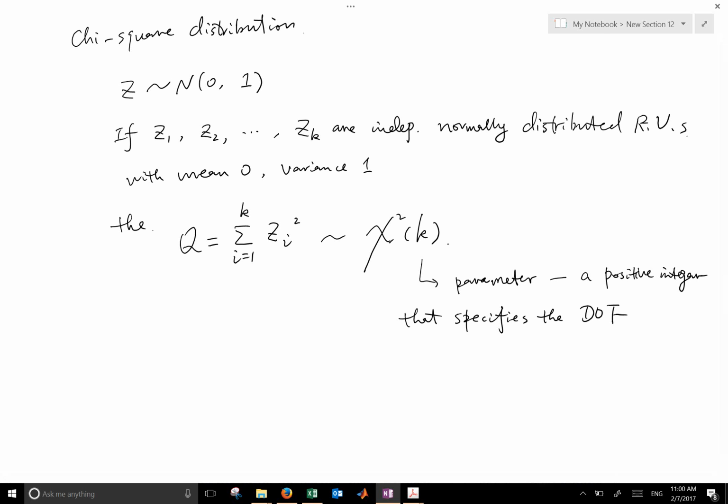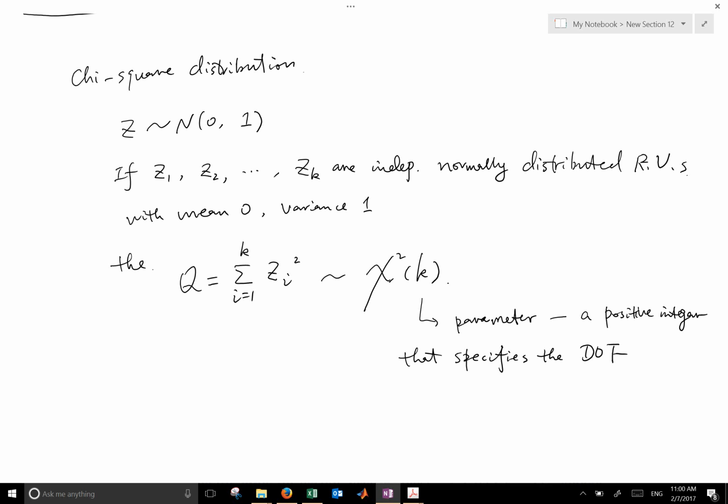Okay? So this is chi-square distribution. Chi-square distribution is the sum of the squares of standard normal distribution, because this one has mean 0, variance 1, this one is standard normal distribution.